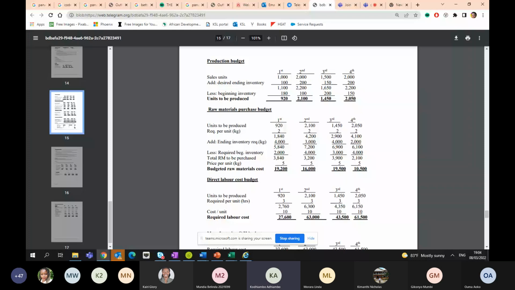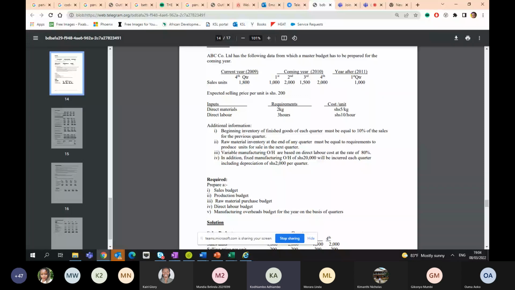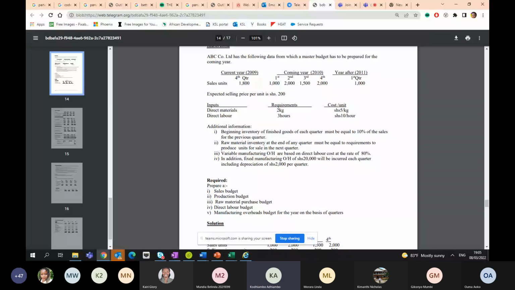Let's go back to the question. Raw material inventory at the end of any quarter must be equal to the requirements to produce. I think with each question, just read the additional information again to see if you need that information. So raw material inventory at the end of any quarter must be equal to the requirements to produce units for sale in the next quarter.